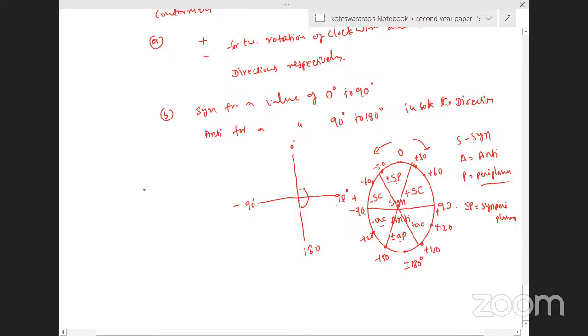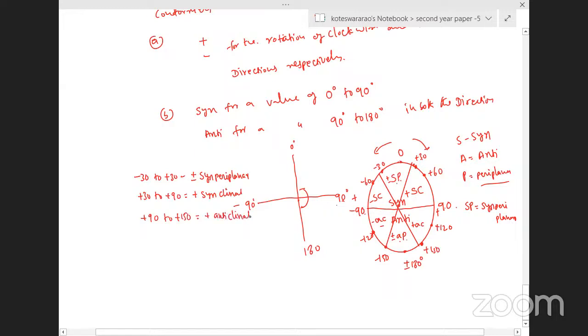Right. Here I'm clearly indicating that minus 30 to plus 30 is called plus or minus syn periplanar. Syn periplanar. Next, from plus 30 to plus 90 is plus synclinal. If it is plus 90 to plus 150, it is called plus anticlinal.